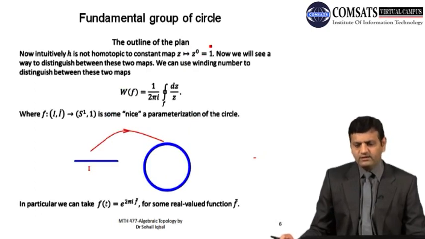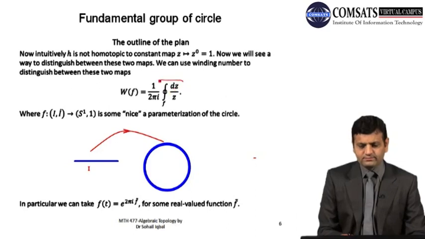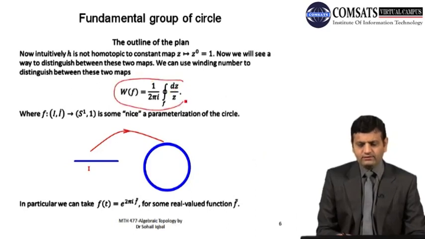So as a rough idea of the plan, consider this integral. We are going to call this the winding number, and we will see why it is called a winding number.